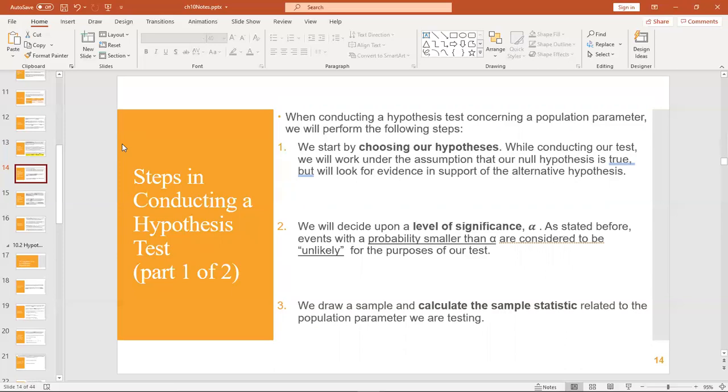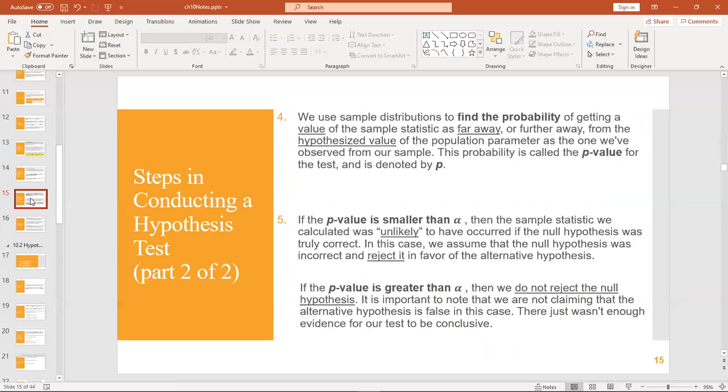Then we draw a sample and calculate the sample statistics. After that, we find the probability to see how far away the sample statistic is. If it's super far away, the p-value will be very low. So if the p-value is smaller than alpha, that means it's unlikely, and so we reject when p is low.